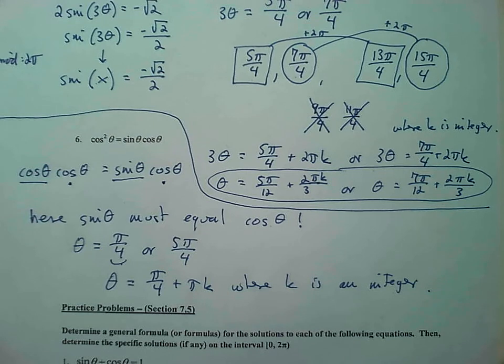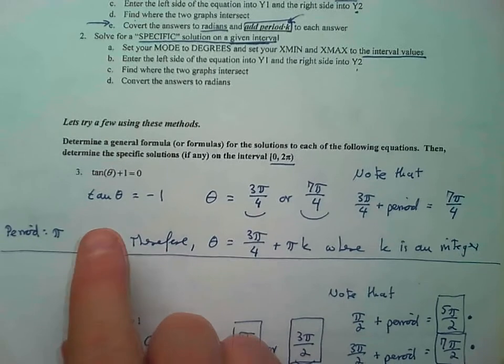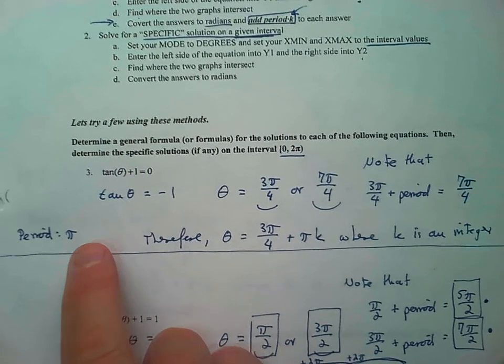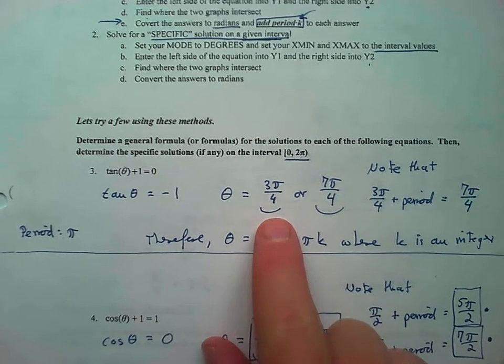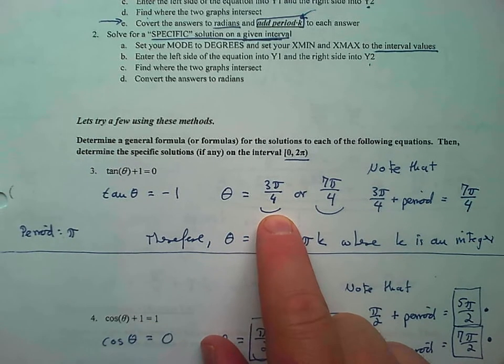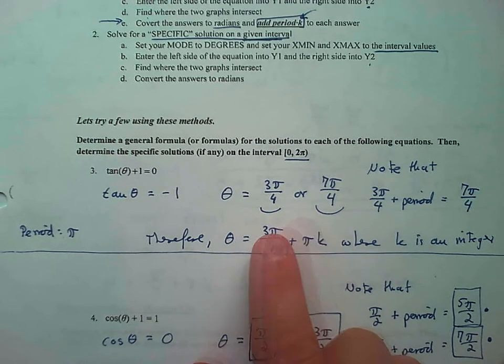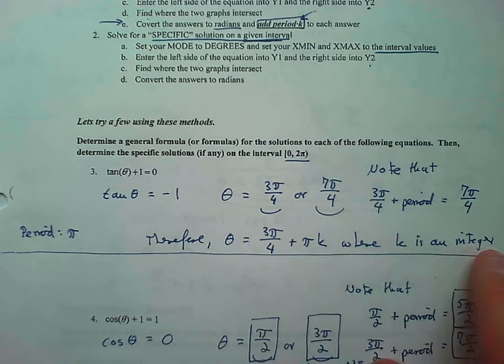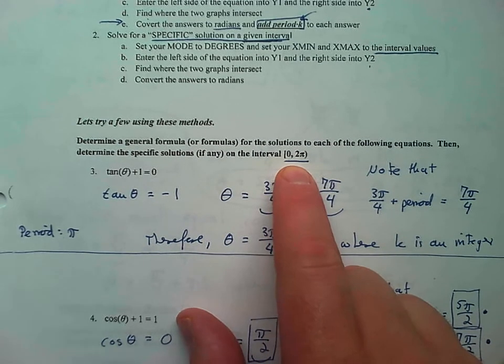Alright, so here's a couple of examples that we went through then. For the first example in number 3, we had a relatively straightforward example where we're solving for theta. Then we can add the period to our first solution and end up at our second solution, and really at any solution after that, even if we want to go past 2 pi.